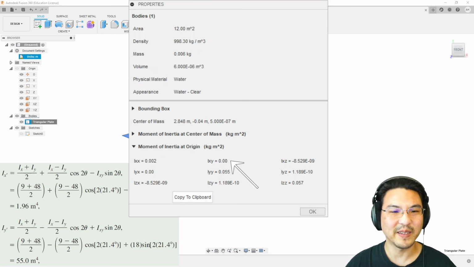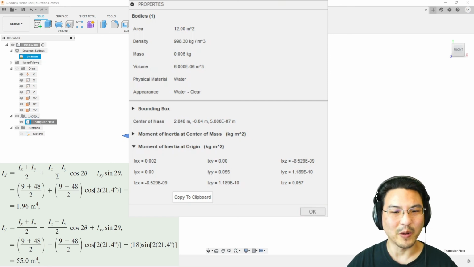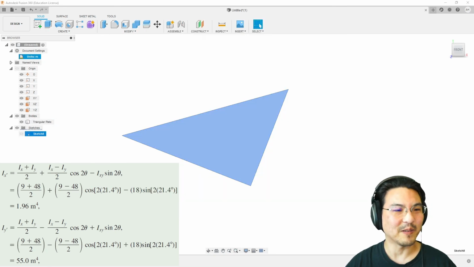Okay, so notice Ix 0.002, Iy 0.055. If I were to rotate the coordinates another 90 degrees, those two numbers will just trade places. Ix will be 0.055, Iy will be 0.002. So let me do that right now.